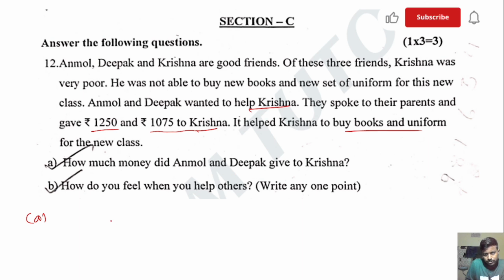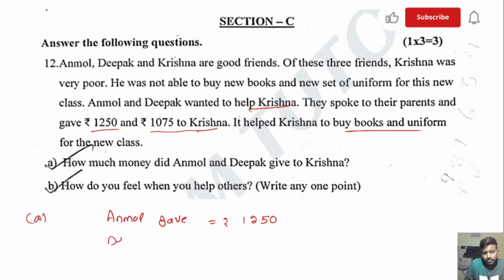First write down. Anmol gave equal to 1,250.